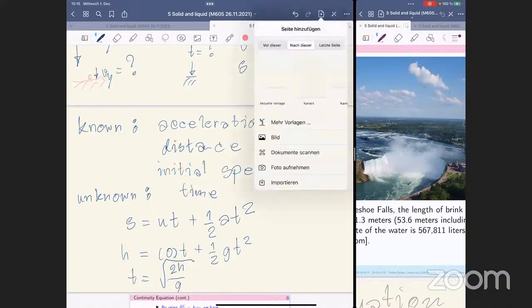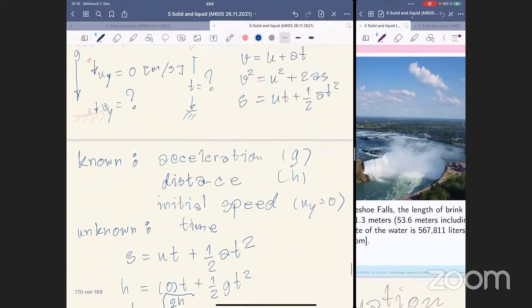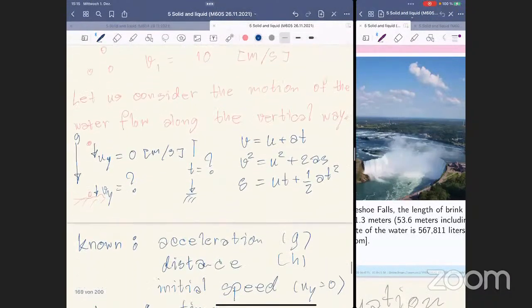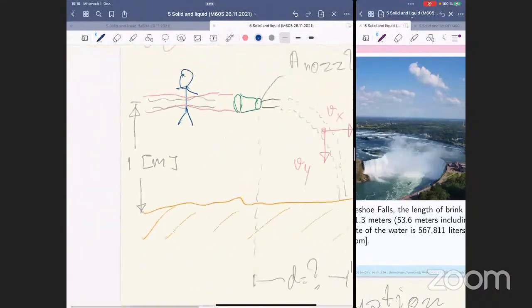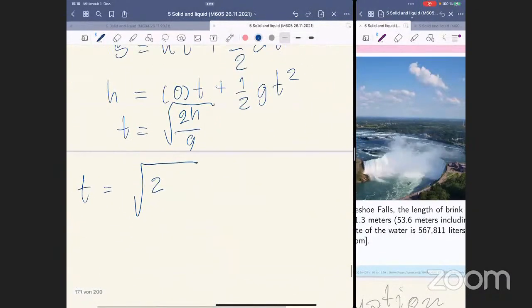And we substitute these two variables into this expression. t is the square root of 2 times h, where h is the height, 1 meter, divided by g, the acceleration, which is 9.8.